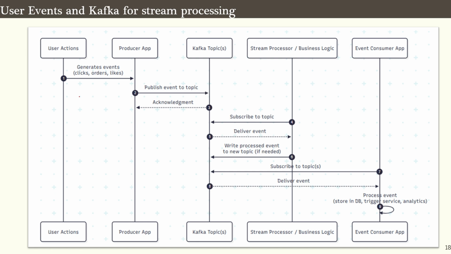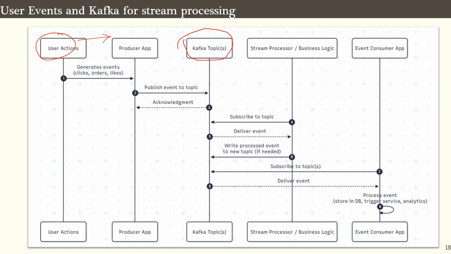This is a perfect example for event-driven architecture. Let's assume a web user who clicks a particular page or makes an order or clicks a like icon. These are the events. These events are all produced by various user actions and these actions are all captured in separate topics under Kafka.